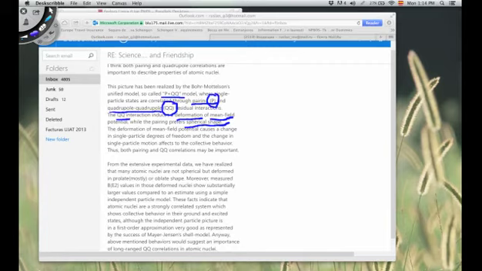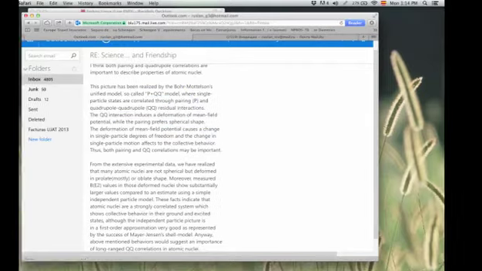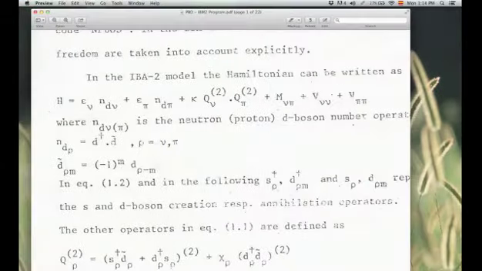Now I want to show you the Hamiltonian which I used to work. That is this one.